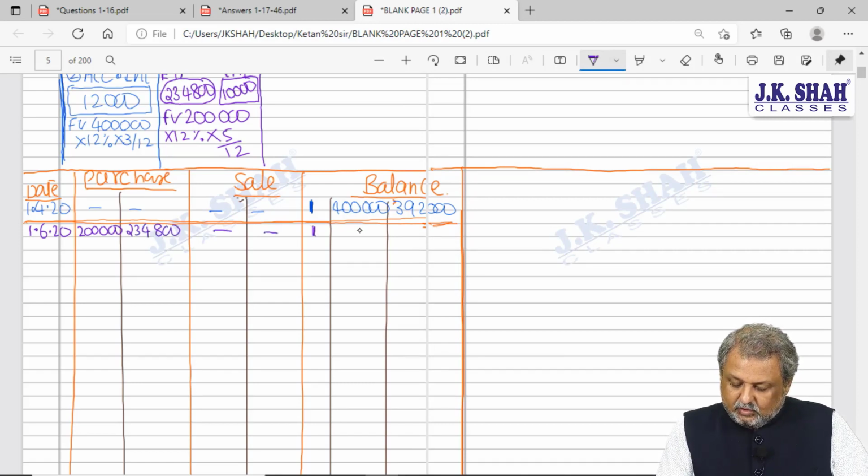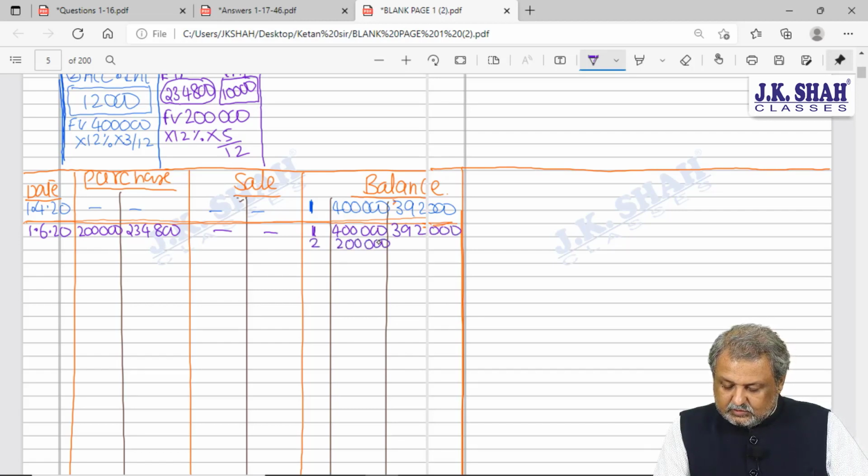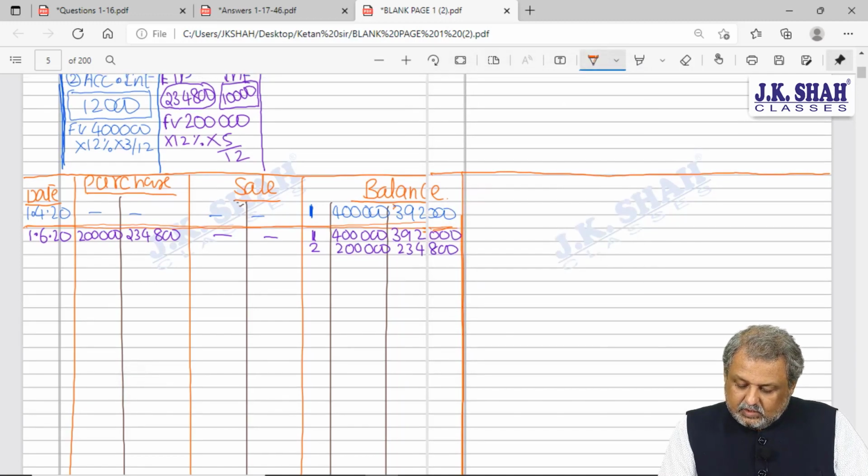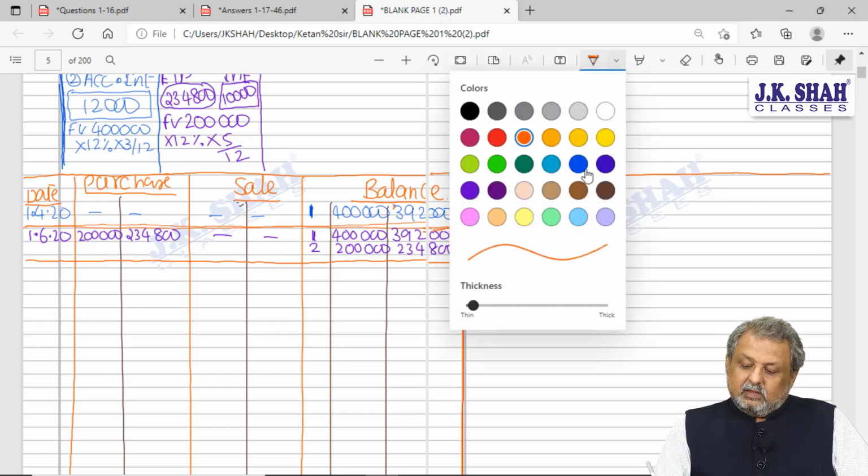Then here lot 1 4 lakhs, 3,92,000, lot number 2 2 lakhs and 2,34,800. They need to be kept separate. You should not add the two. This is FIFO cost. Understood, beta?